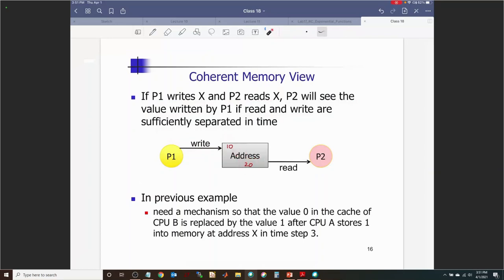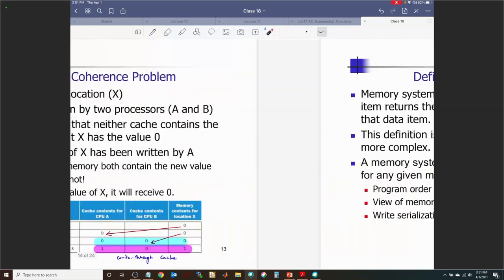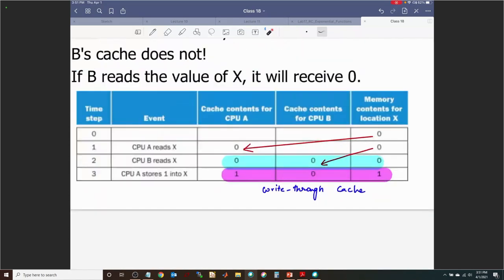In the previous example, we would need a mechanism so that the value of 0 in the cache copy of CPU B was replaced by a value of 1 after CPU A stores a 1 into memory. That's the problem.